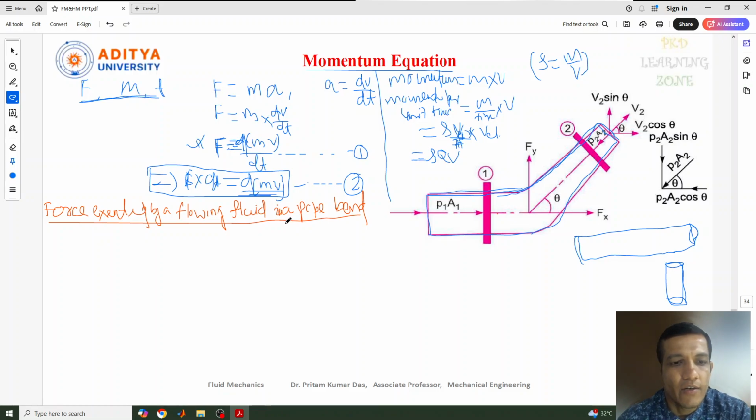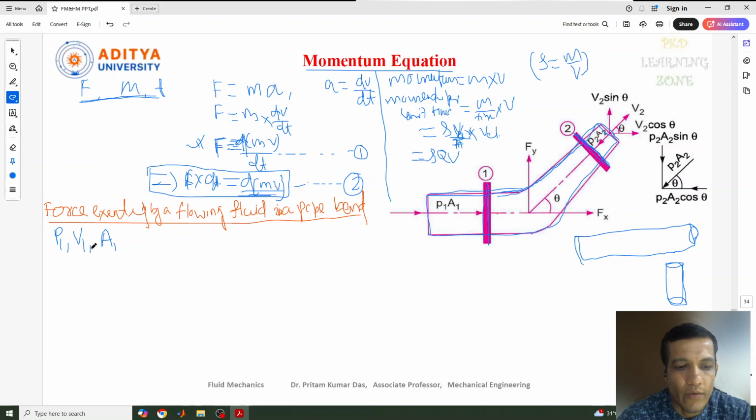And for that, here we have taken two different sections. This is section 1 and this is section 2. At these two sections, there is a pressure of the fluid, a velocity of the fluid, and the area of cross section of the pipe through which the fluid is flowing. So these are the terms in section 1: pressure P1, velocity V1, and similarly area of cross section A1.